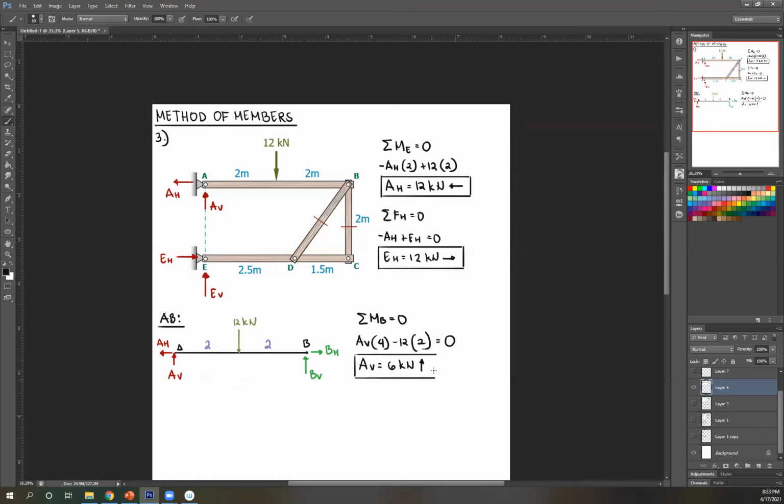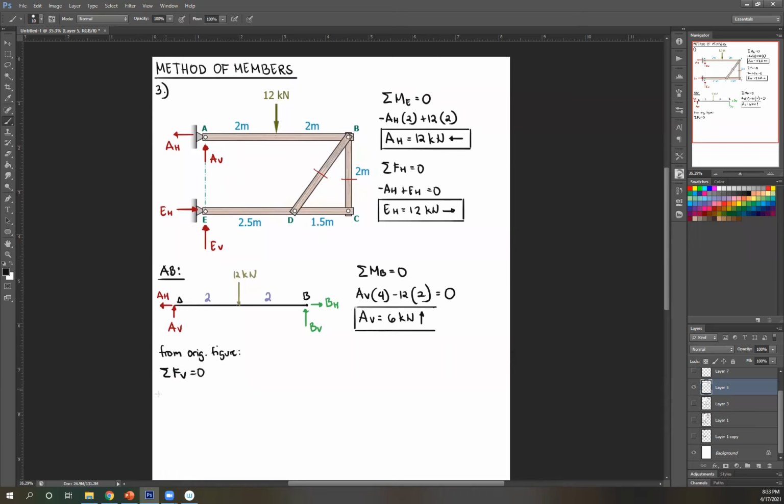All right. Now, how do I get EV? To get EV, you can go back here, okay, and take your summation of forces vertical. So from original figure, summation of forces vertical equals 0.